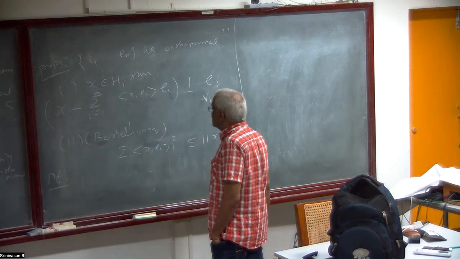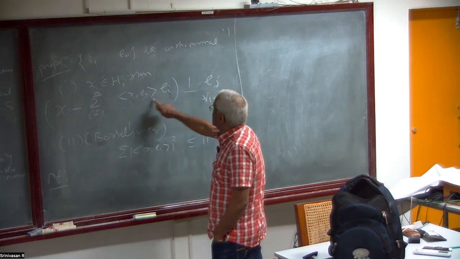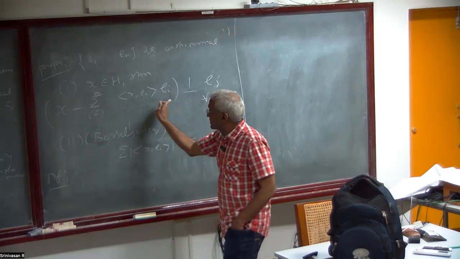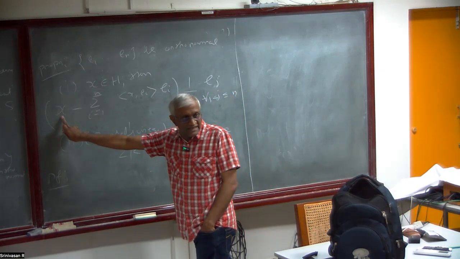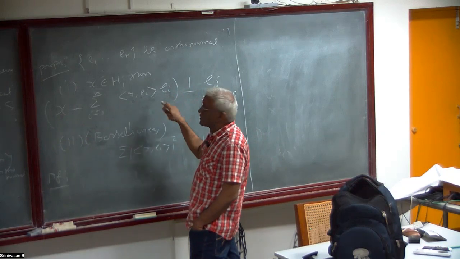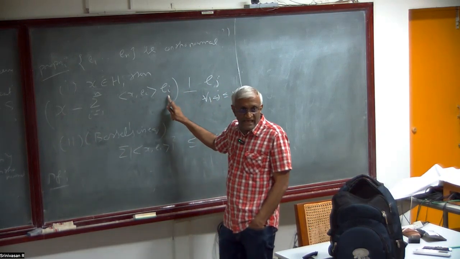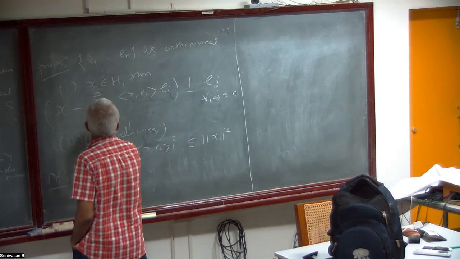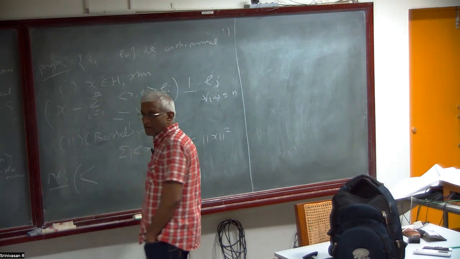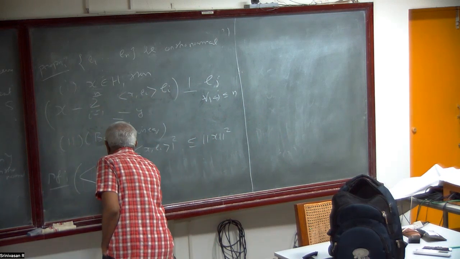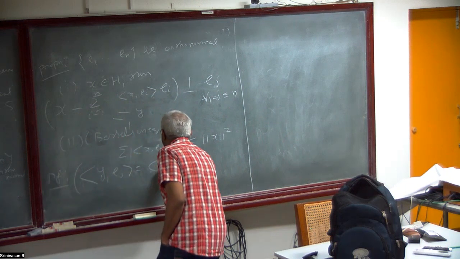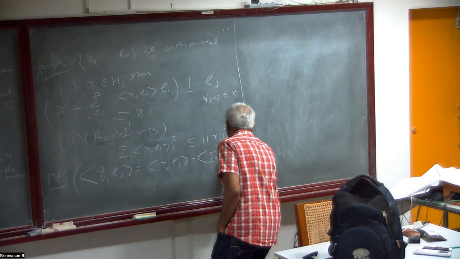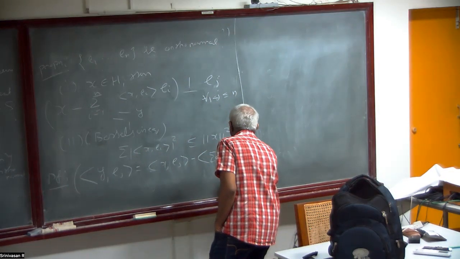First one. You want to prove that X minus this is orthogonal to Ej. I want to take the inner product with this. You call this Y. Then (Y, Ej) equals (X, Ej) minus the summation of (X, Ei)(Ei, Ej).